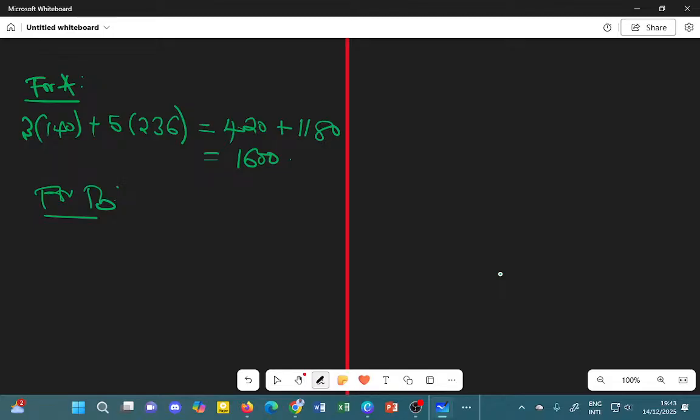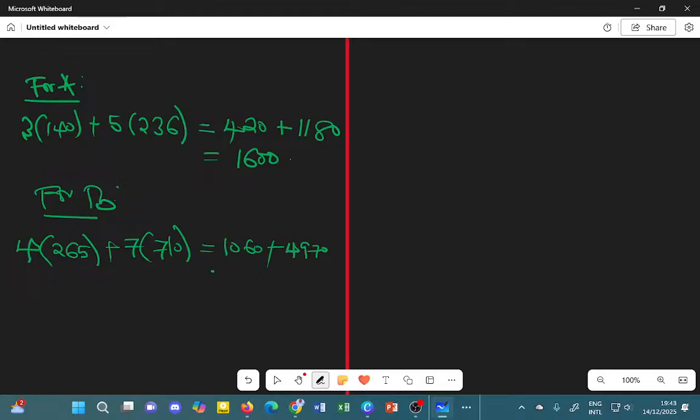So for B, we'll be having 4 times 265 plus 7 times 710, which will give us 4 times 265 should be 1060 plus 7 times 710 is 4970.